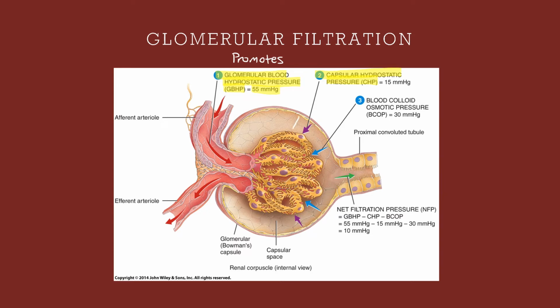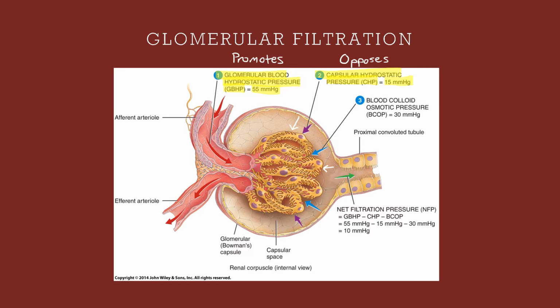So it's fluid that's already in these spaces, kind of pushing back on that filtration membrane. Now CHP opposes filtration, and it represents a back pressure of about 15 millimeters of mercury.